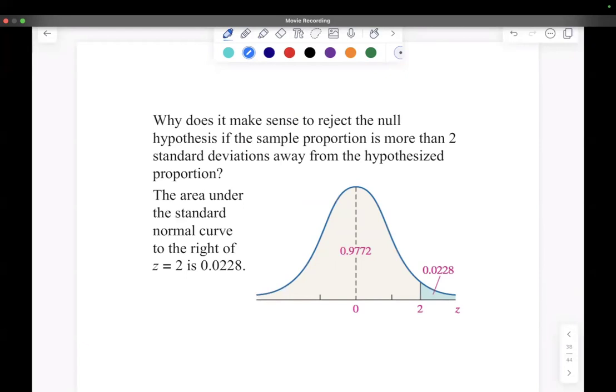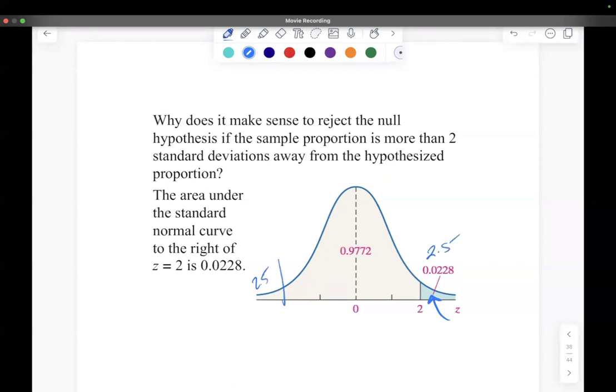I don't like this. So what this did was it asked me the probability. So this area and out here is 2.28%. The z-score of 2 gives me 2.28%. Because remember, we have 2.5%. This is what our estimate was.